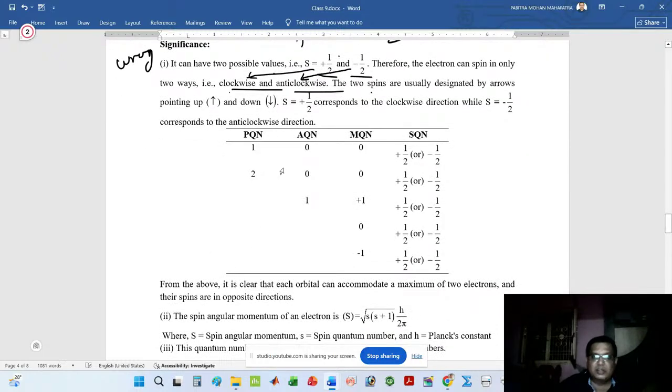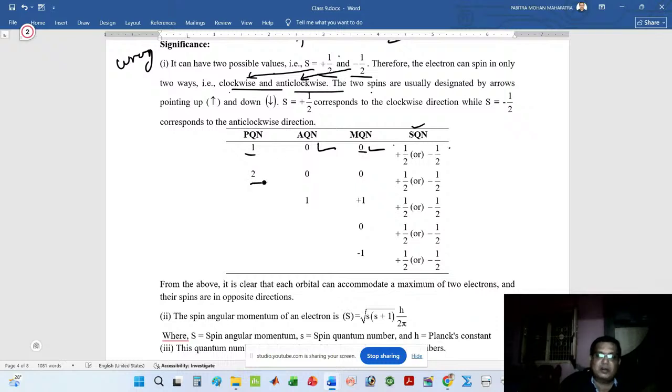Here I have given some examples. If n is equal to 1, then the azimuthal quantum number must be 0, and the magnetic quantum number is also 0. Think about the two electrons: one is in the clockwise direction, the other in the anti-clockwise direction. So the spin quantum number is plus half or minus half.